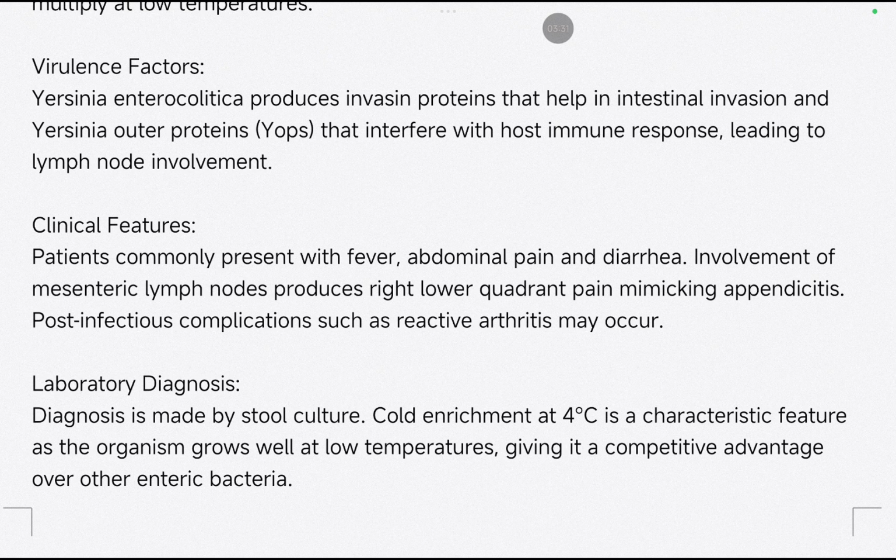I have told you that this is an important concept, so let us spend some time on it again. Yersinia outer proteins interfere with host immune cell response. So they infect the mesenteric lymph nodes and the right lower quadrant, just where we have our appendix.